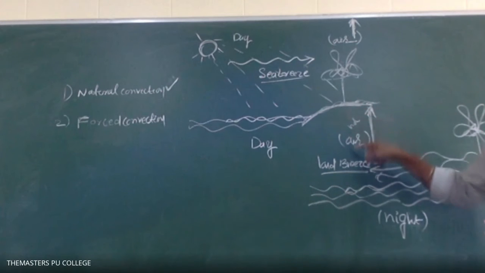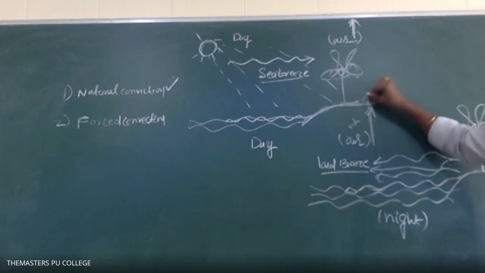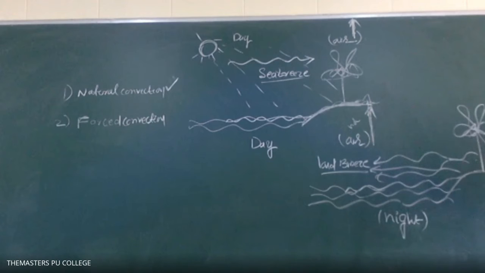Hot air has low density, so the hot air rises up and the cold air blows from here to there.